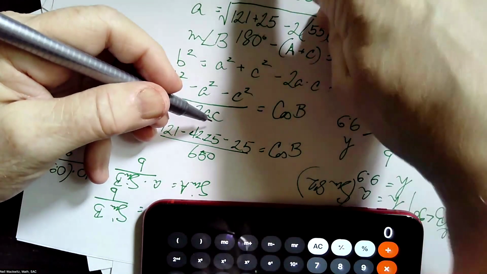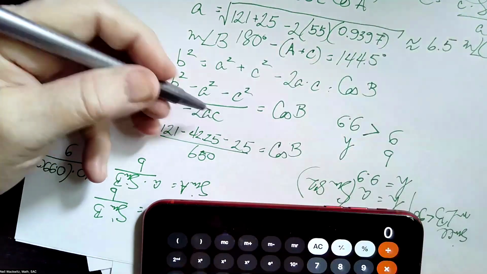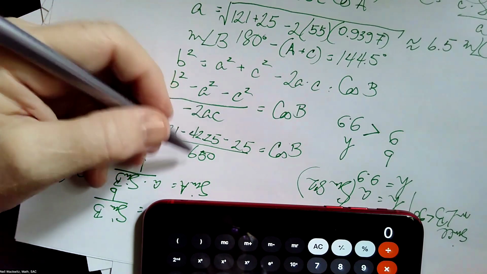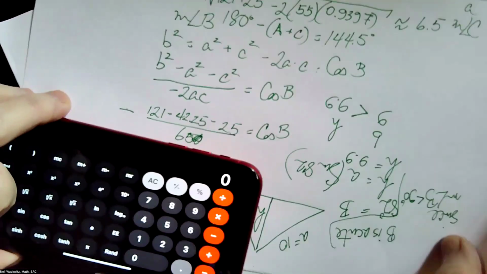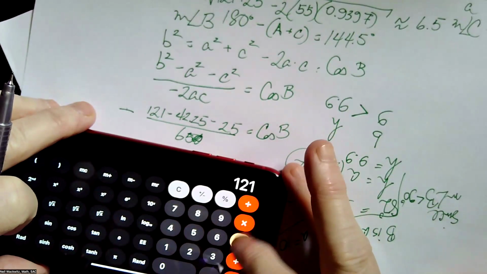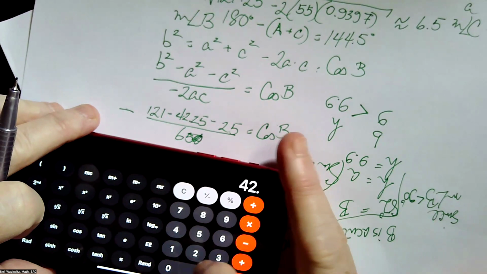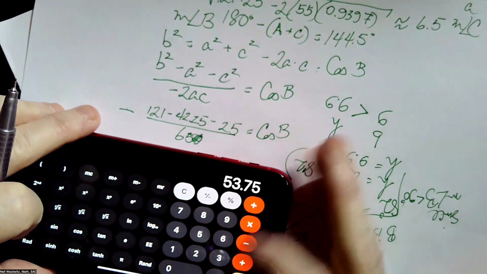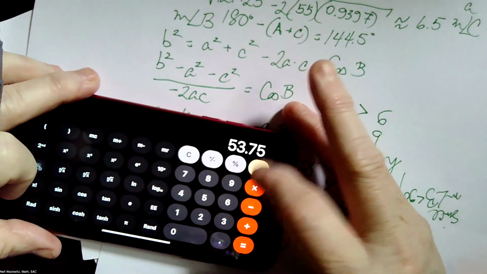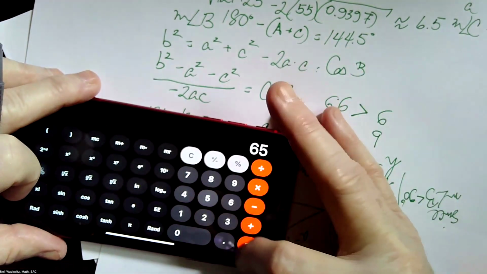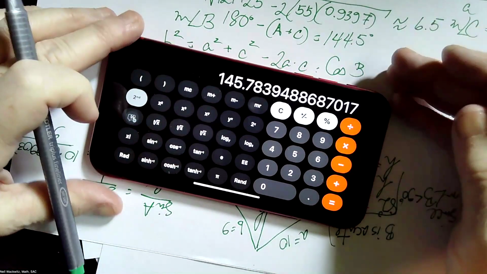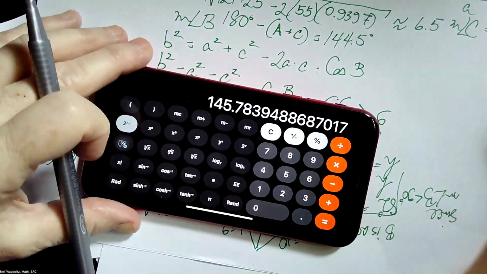C is 5. 5 times 2 is 10 times 6.5 is 65. Okay, there we go. So we have 121 minus 42.25 minus 25. There we go. Divided by 65 and negate that. And inverse cosine. There we go, 145.8.